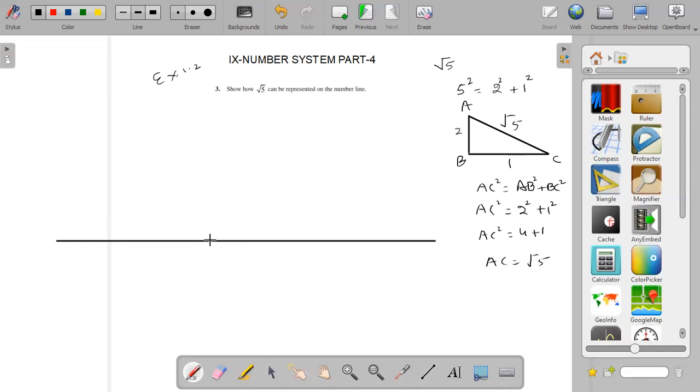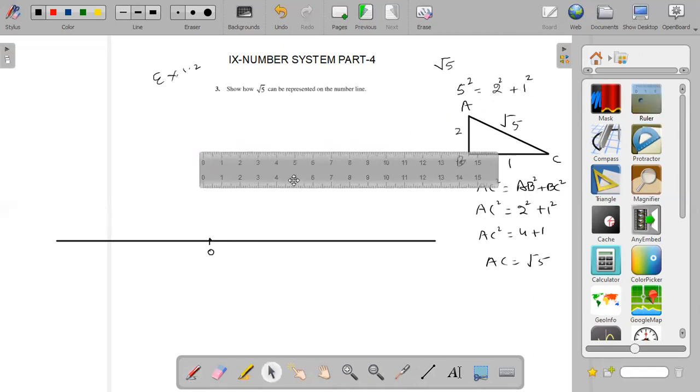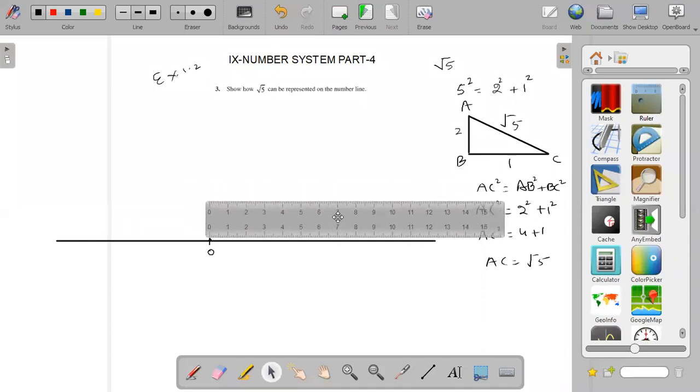Suppose this point is 0. Then we can have 1, or we can have more distance. We can consider 2 inches or 1 centimeter sometimes, because it becomes difficult to draw whenever we are taking small distances.